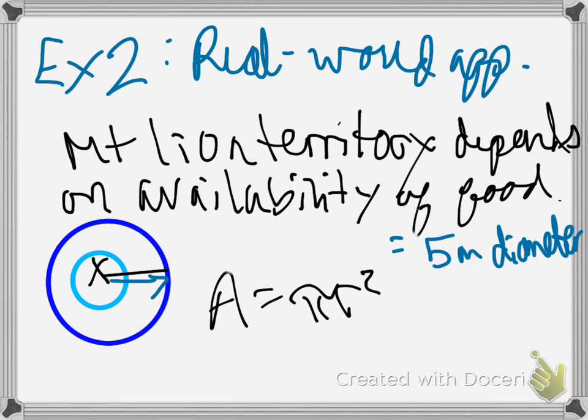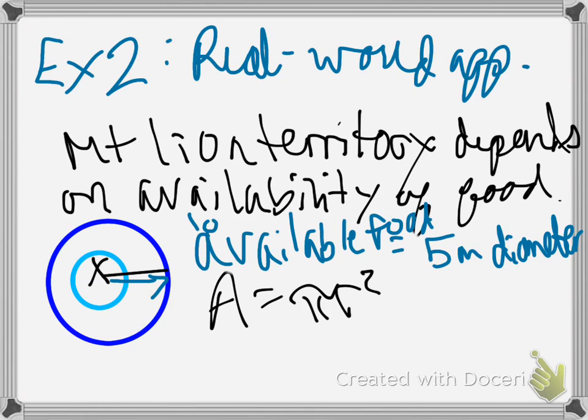The circle for available food, if there's lots of available food, has a 5 mile diameter. They're going to move out even farther than that if food is more scarce.